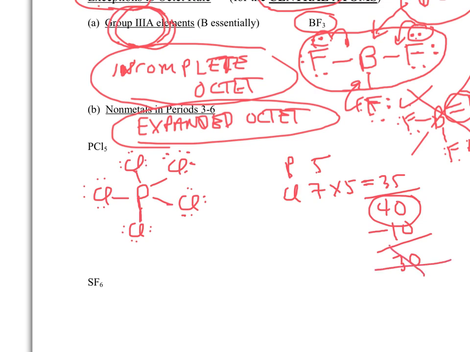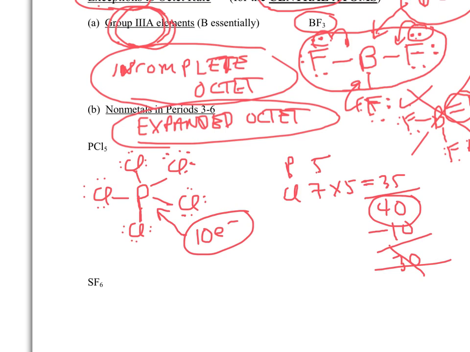Again, the idea is that all the terminal atoms, the chlorines, the outside guys, the spokes, continue to obey the octet rule. The exception to the octet rule is for the central atom, and it's okay because phosphorus is in period 3. So he's able to accommodate more than 8 electrons being shared because he's got d orbitals.